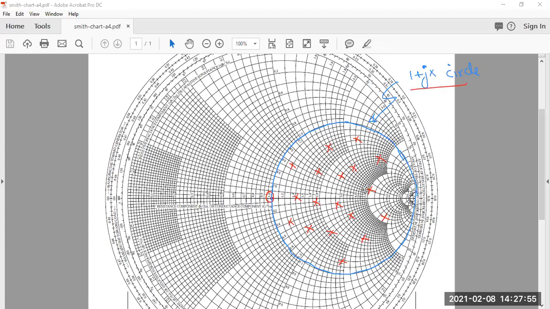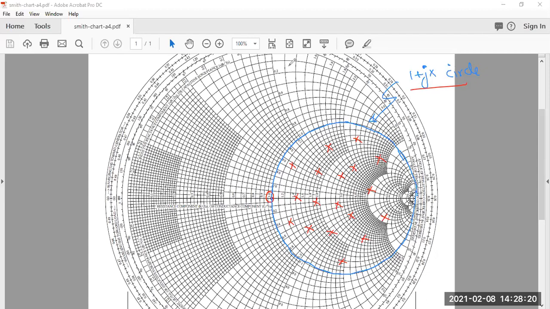Whenever you have a situation like this, where the normalized load is somewhere within this 1 plus jx circle, L network number 1 is going to solve the problem.